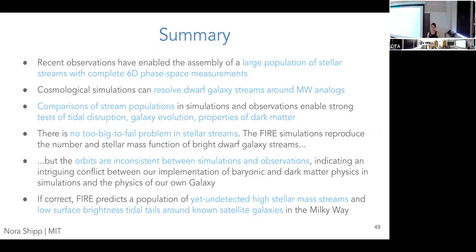This is really just a comment. I think really all the work Nora is showing here is using the kinematic data for the objects. I think we use metallicity a little bit to get the progenitor mass. But to answer your question, in the next decade, if we want to get every single individual star on the sky, I think chemistry is the right way of going.